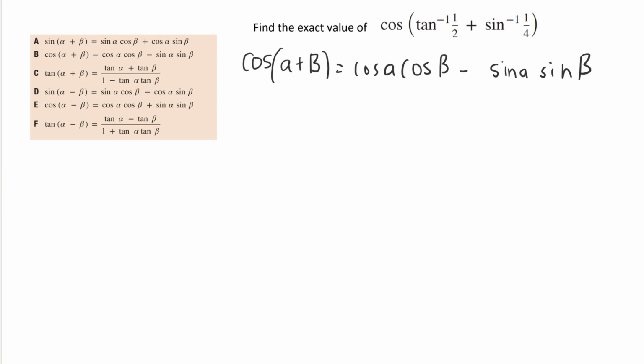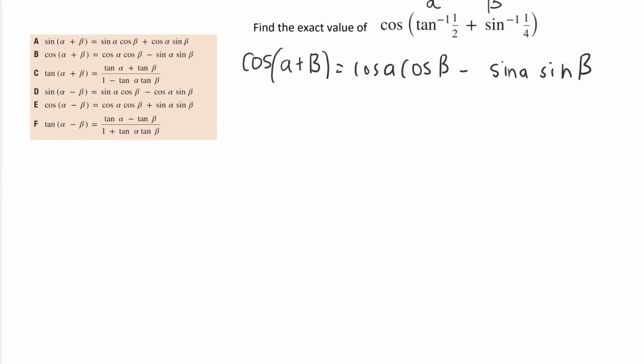Okay, so we are going to make alpha, actually alpha is the inverse of tan of a half, and beta is the inverse of sine of 1 on 4, which is just replacing these terms here in this equation.